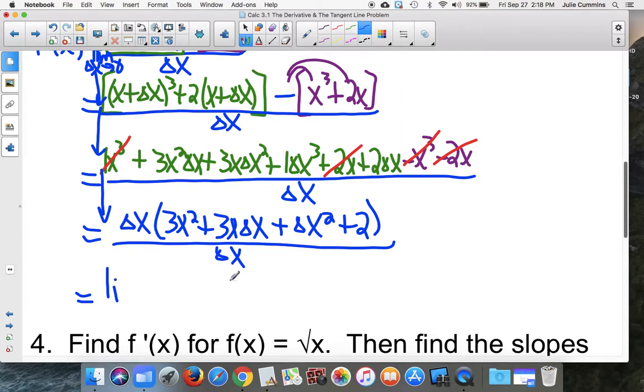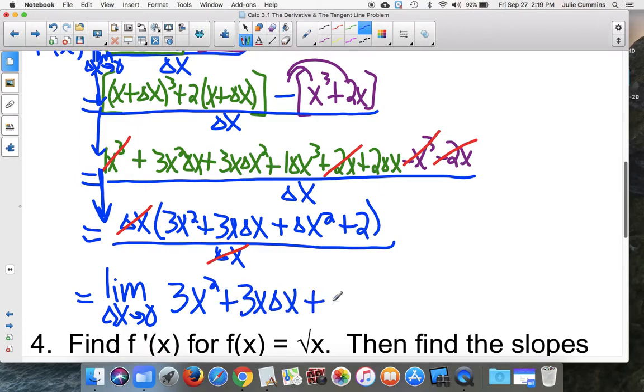The limit as delta x approaches 0. That should have been on the front of all of these things, and I forgot it. Delta x's cancel. So we get 3x squared plus 3x delta x plus delta x squared plus 2.